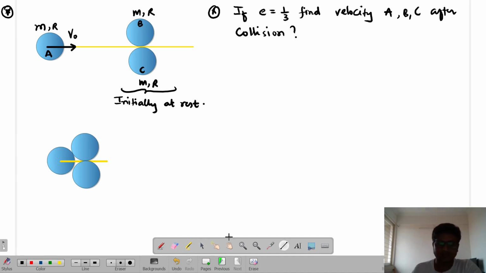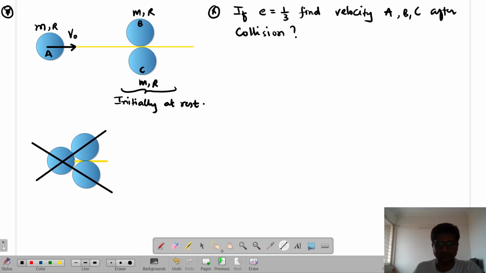Here the question is a little bit different because, if you see, we have two lines of impact.